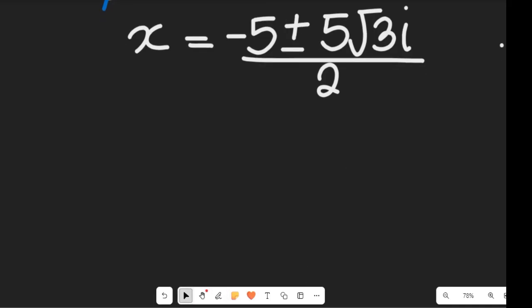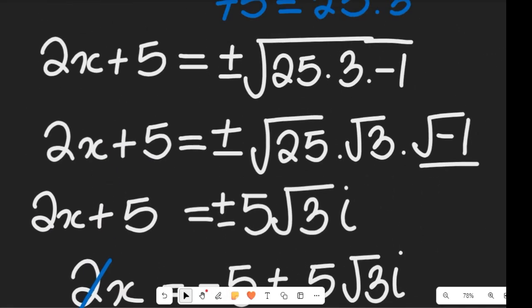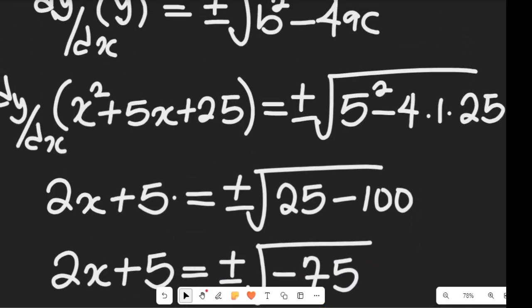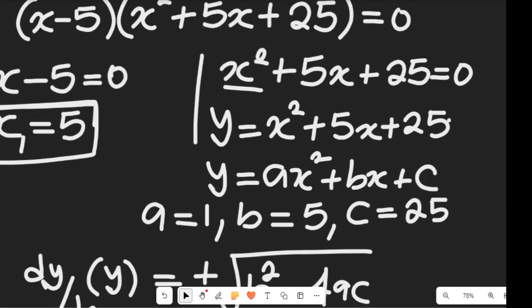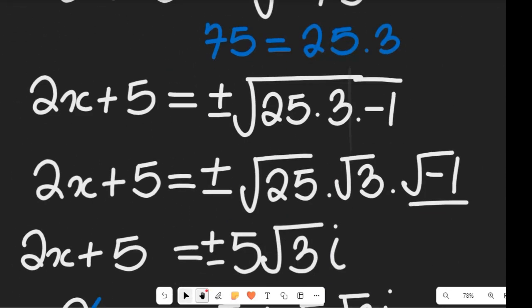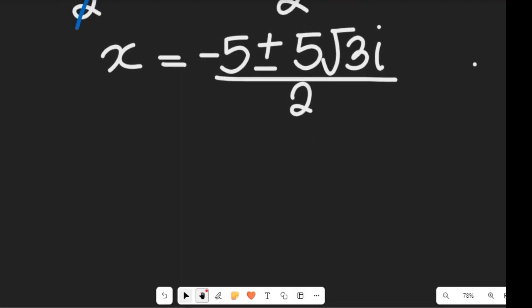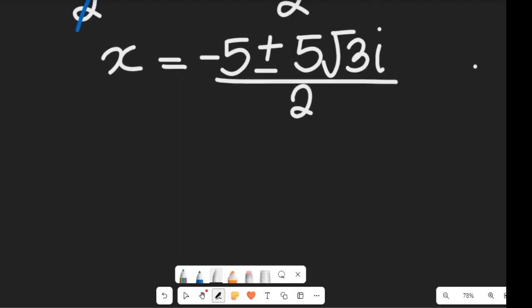Now, recall that from the first answer, we got the value of our x to be equal to 5. That is x1. So we're going to have our x1 equal to 5.